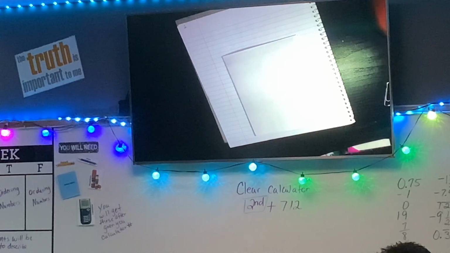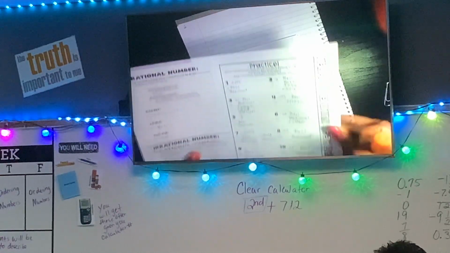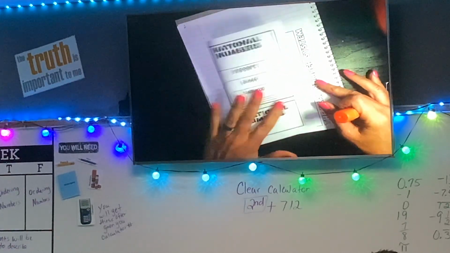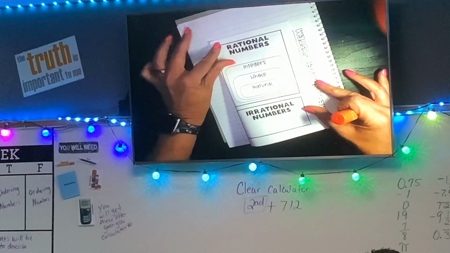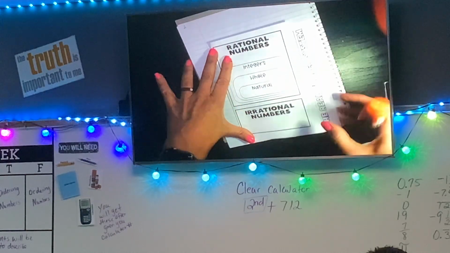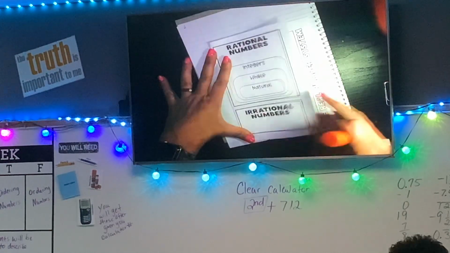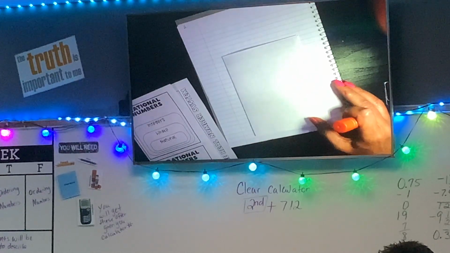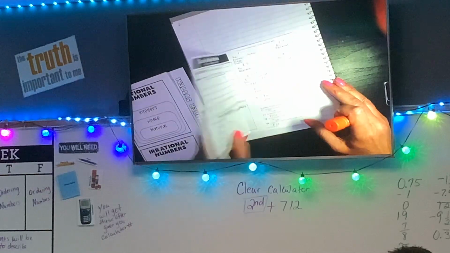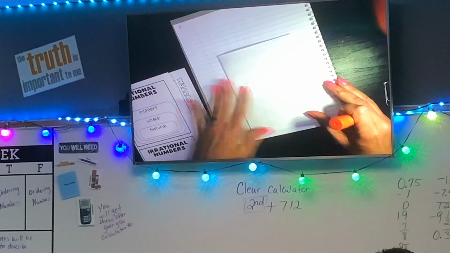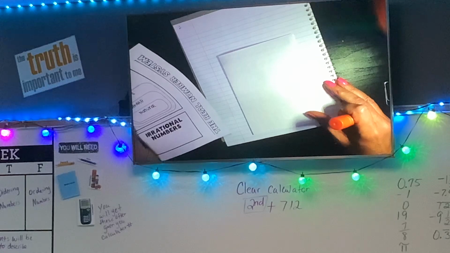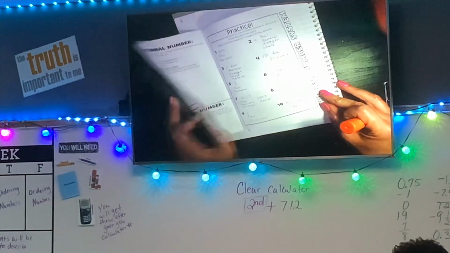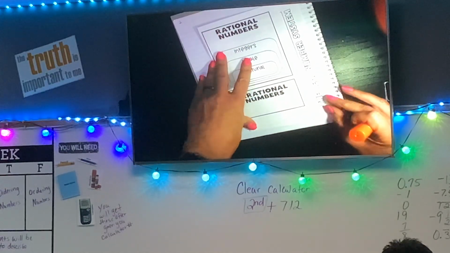Now take this one with the real number system on the side and fold it in half up to those words. So do you see it's a cute little foldable? All I've done so far is I took my little one, folded it in half, and glued it at the bottom. I'm then taking the big one and I'm just folding it to where it says the real number system.